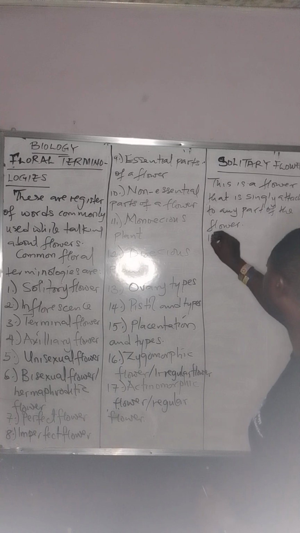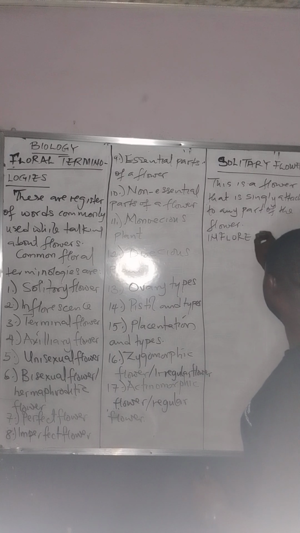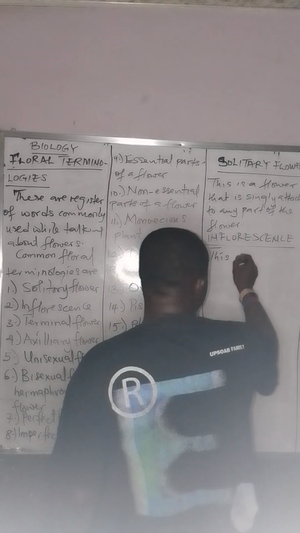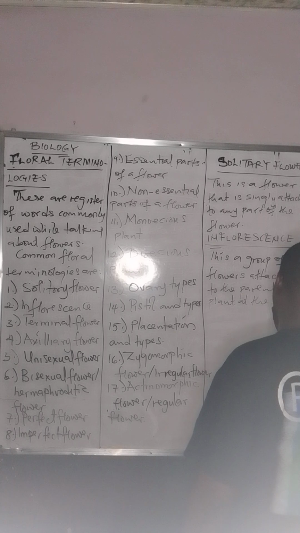Then inflorescence is the opposite. We don't say inflorescence flower, we say inflorescence. What is an inflorescence? This is a group of flowers attached to the parent plant at the same spot, at the same stalk or pedicel.